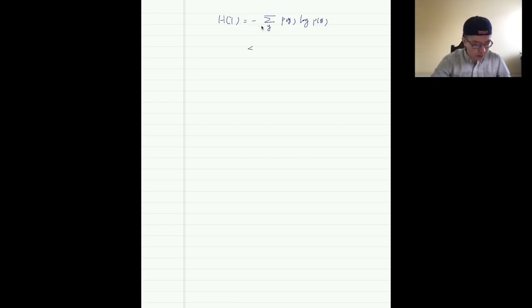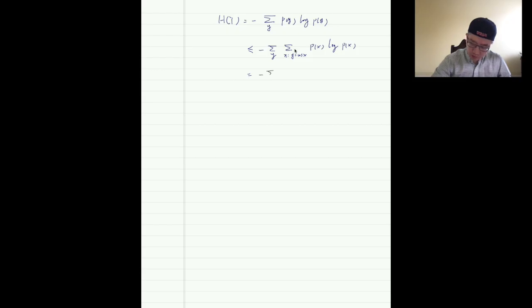So that is less than or equal to negative, and we can replace this by the one that we used before, which is the sum over x such that y equals cosine x of px, and inside the log we can replace this by px. Okay, then this equals, so this is basically the sum over all the possible x, right? And this should remind you somehow of a grouping property for the entropy, right?